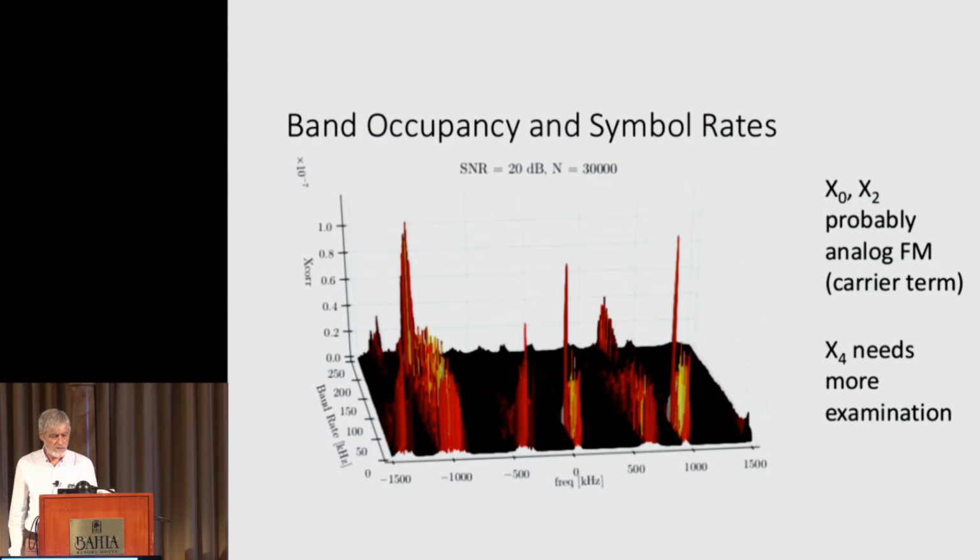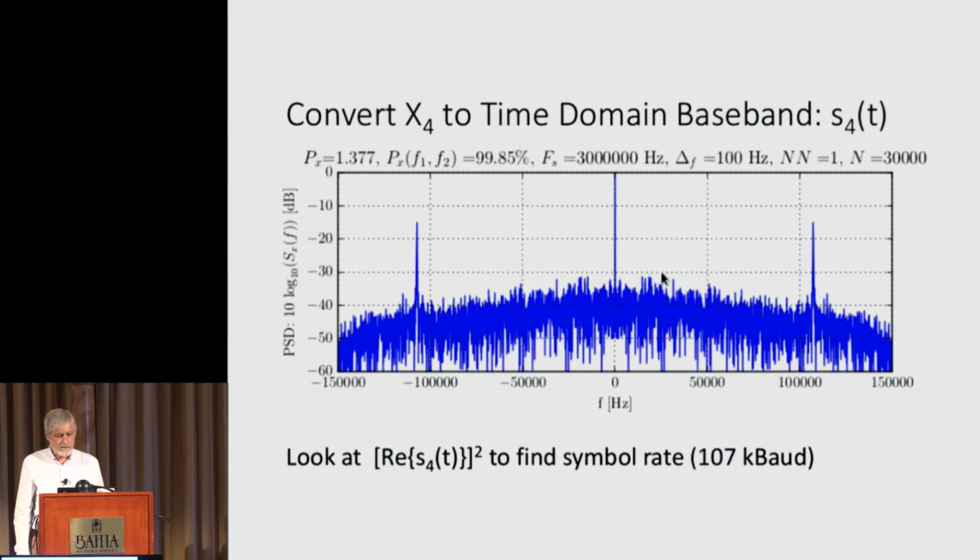So what we do is we basically take from the Fourier transform that we computed already, we just take this piece, shift it down to baseband, and then take the inverse Fourier transform. Then we take the square of that, but not the magnitude squared, because just shifting a constant envelope signal down to baseband is not going to improve anything in terms of finding the baud rate when you magnitude square it.